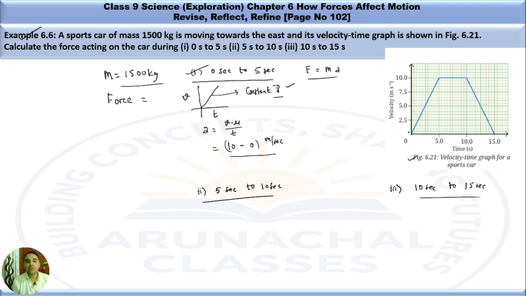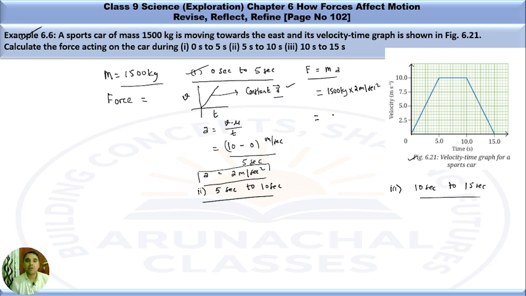Time is 0 to 5 seconds. So 5 minus 0, 5 second. The time is 5 second. Now 10 upon 5, it is 2 meter per second square. So that is the acceleration, which is constant for this case. Now we have to just use the value of acceleration and mass. Mass is given as 1500 kg and acceleration is 2 meter per second square.